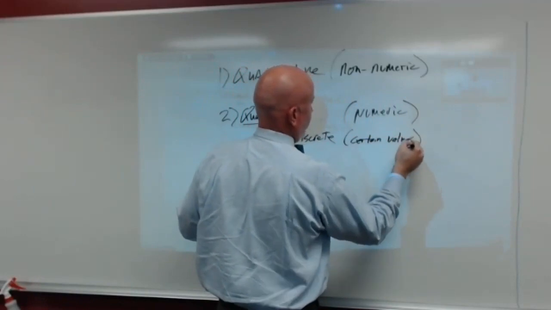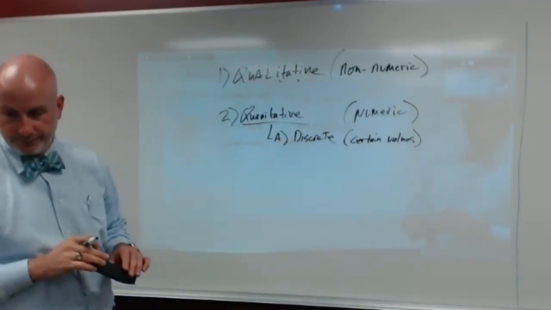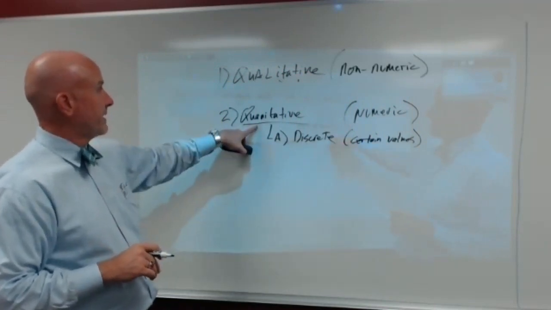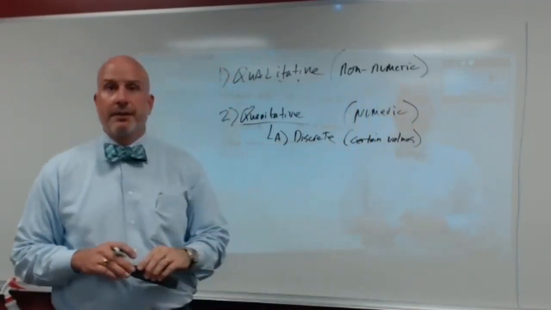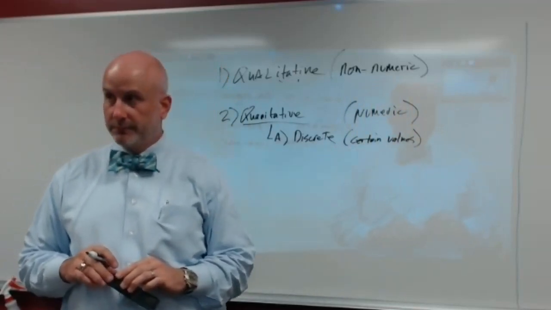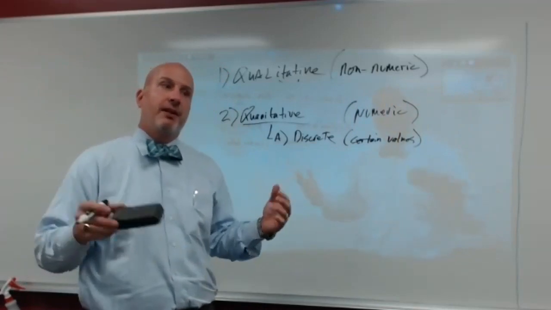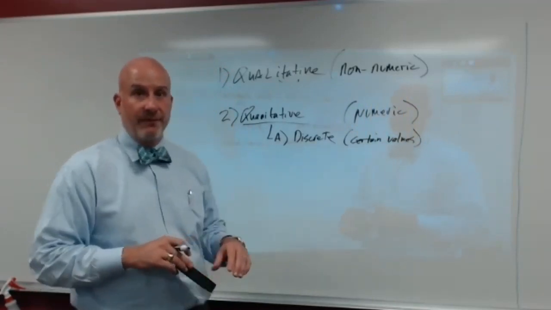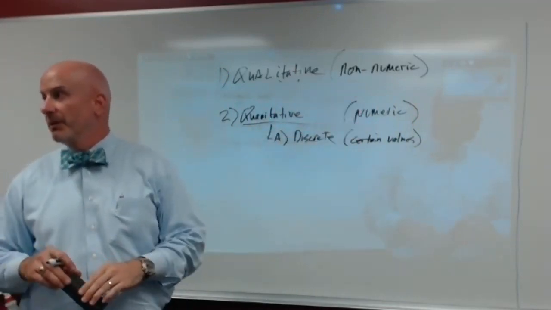Discrete variables contain certain values. So it's quantitative and it's discrete, certain values. Who can give me an example? Children in the family, number of bedrooms in your house. So, certain values. How many hammers were sold at Home Depot?